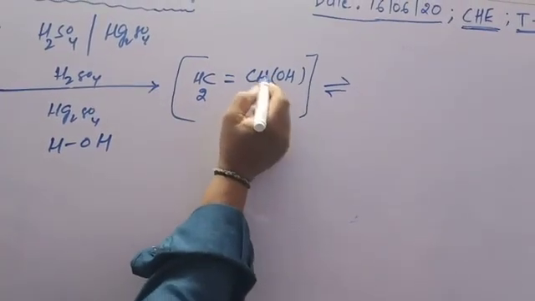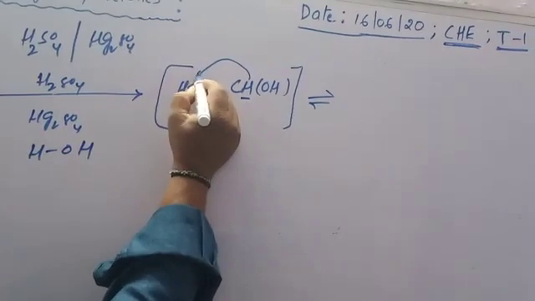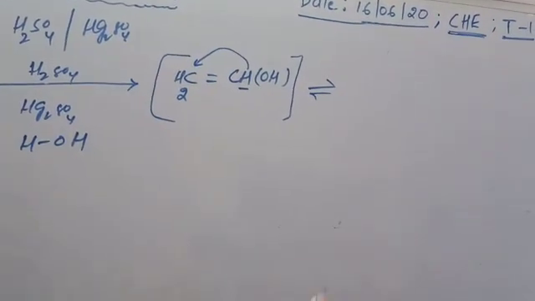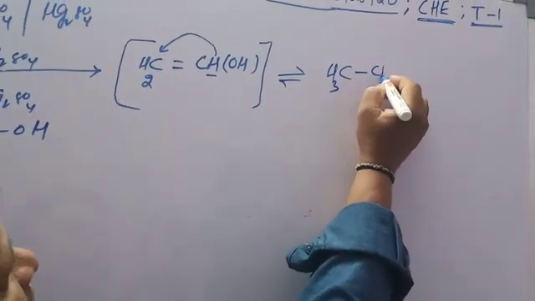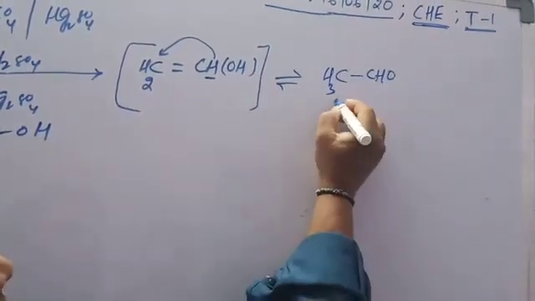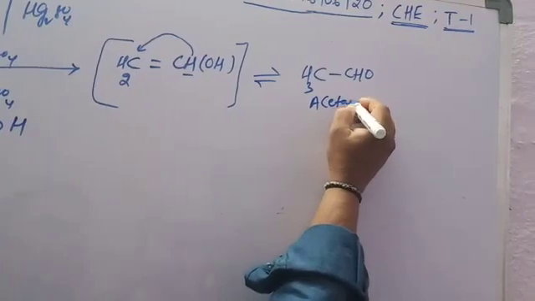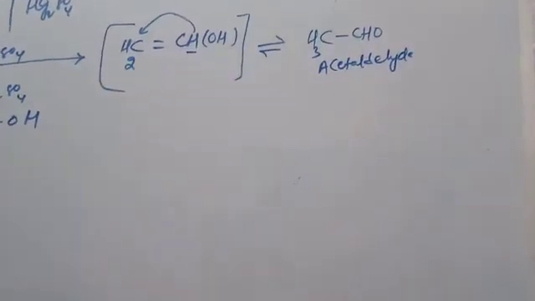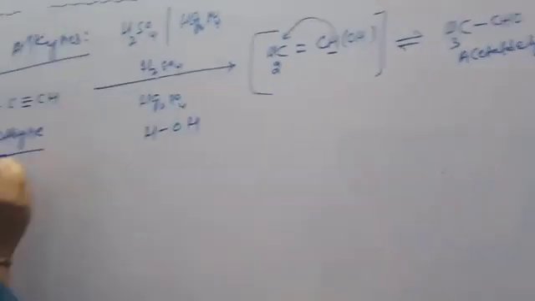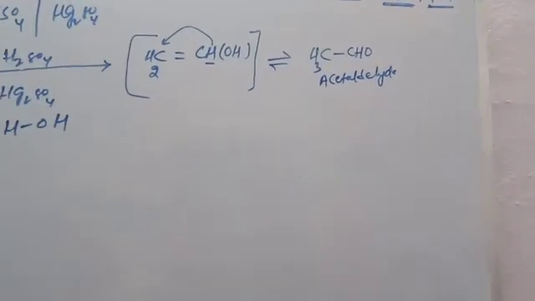For example, this hydrogen, the proton, transfers towards this carbon. So the obtained compound is CH3 single bond CHO. So then acetaldehyde is obtained. So if ethyne is taken, the obtained aldehyde is acetaldehyde.